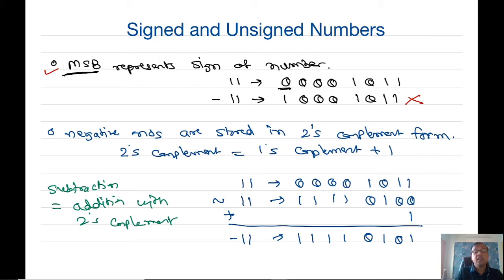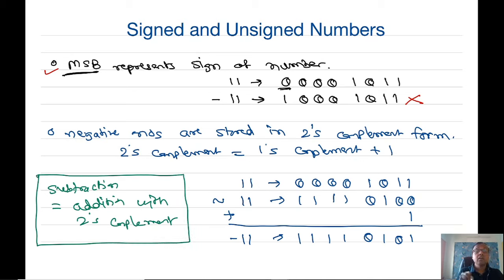So in typical electronics, full adder circuits are designed to do both addition and subtraction, keeping this in mind. And that is the reason on all platforms, on all architectures, you will find that negative numbers are stored in the 2's complement form. You need to always keep that in mind.